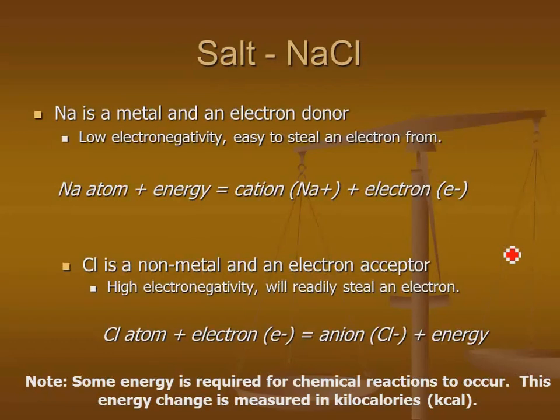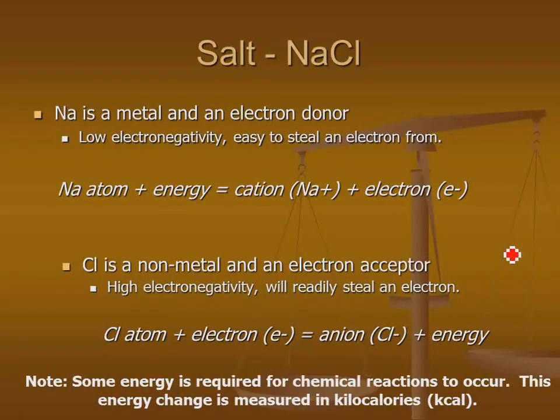So let's take a look at salt. Sodium's a metal with low electronegativity. Go ahead and steal my electron, you dirty rat. So a sodium atom plus some energy causes the release of that electron, and now sodium becomes a cation. Chlorine, on the other hand, is a nonmetal on the right side of the table, with very high electronegativity.